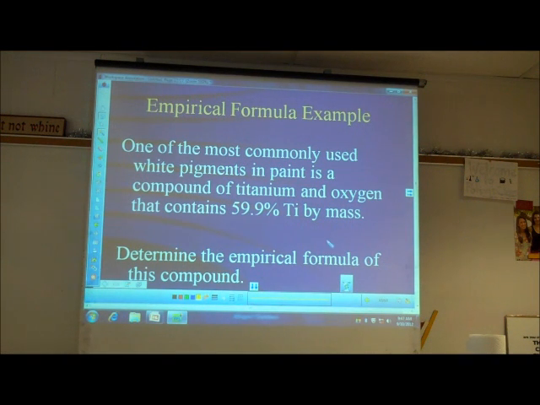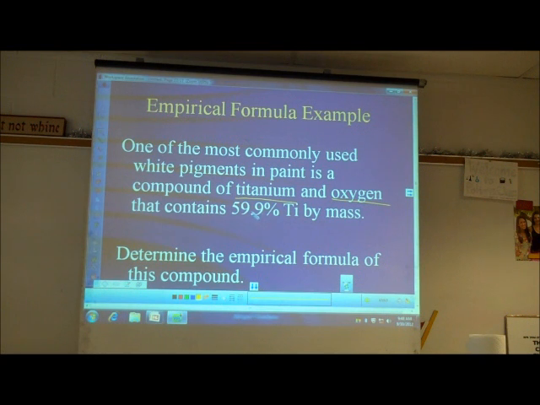Alright, the problem says, one of the most commonly used white pigments in paints is a compound of titanium and oxygen that contains 59.9% titanium by mass. Determine the empirical formula. First things first. This is a compound that only contains 2 elements.